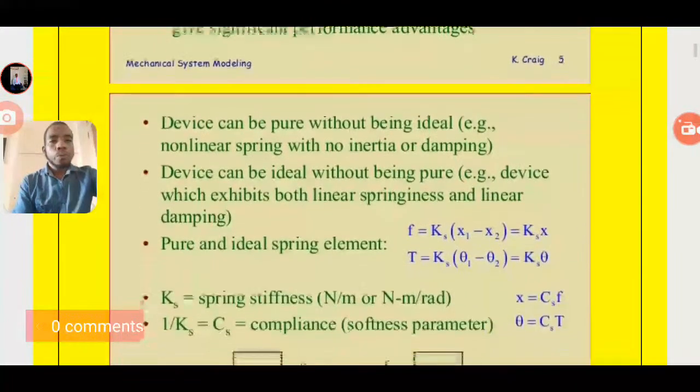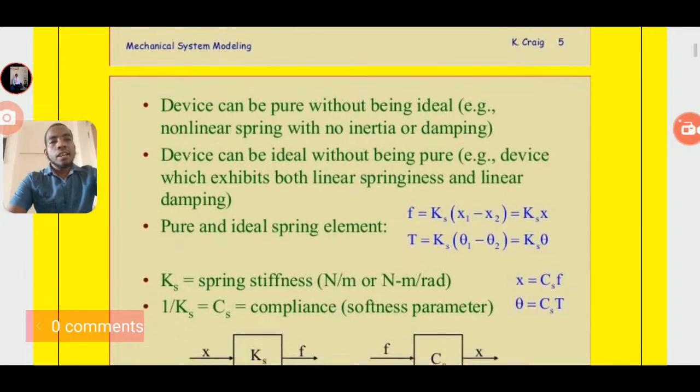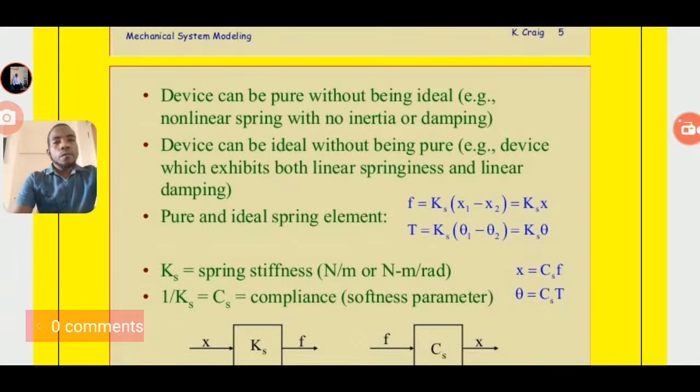So a device can be pure without being ideal. The example for this is the nonlinear spring with no inertia or damping. A nonlinear spring without any inertia or damping can be pure without being ideal.